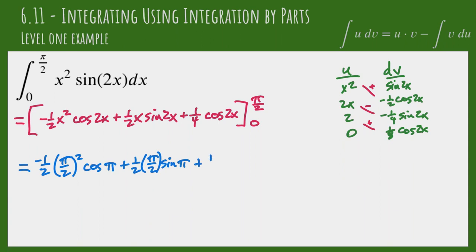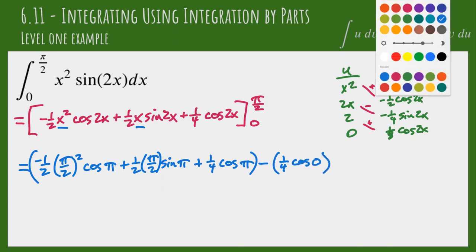And then plus 1/4 cosine of pi. Then we're going to subtract what we get when we plug in 0. When we plug in 0, the term with the x and the term with the x squared are both going to go away. So the only one we're going to end up with is the 1/4 cosine of 0.